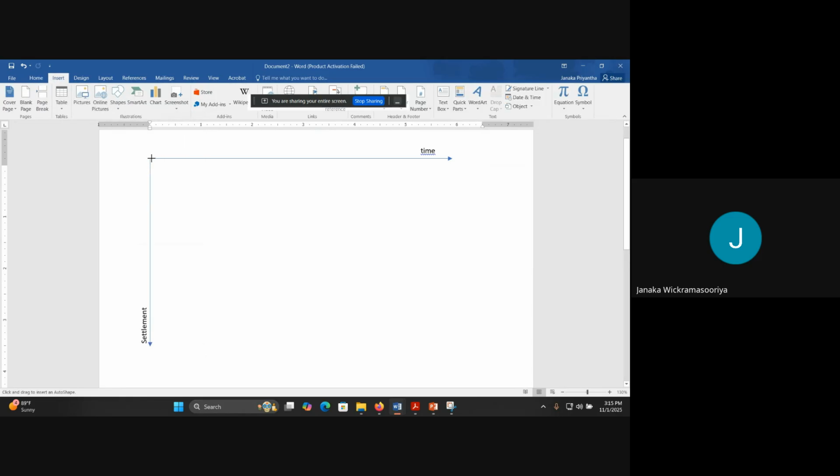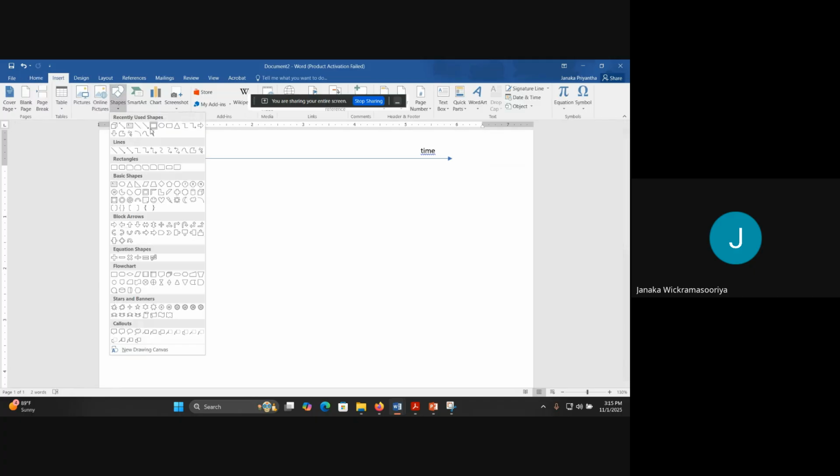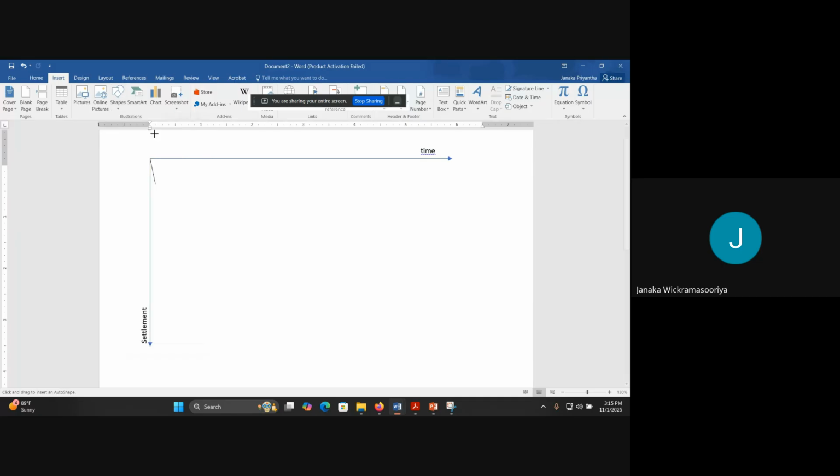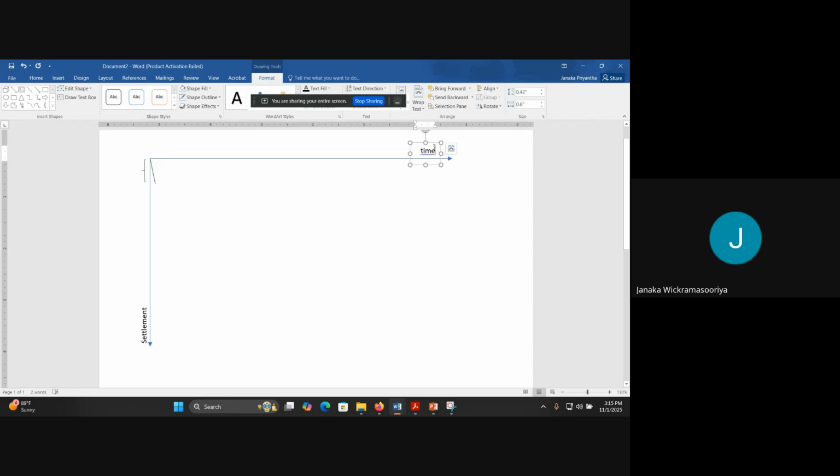First, there will be a small or a particular settlement during a small time period. Right? This is called SI, that is the immediate settlement.